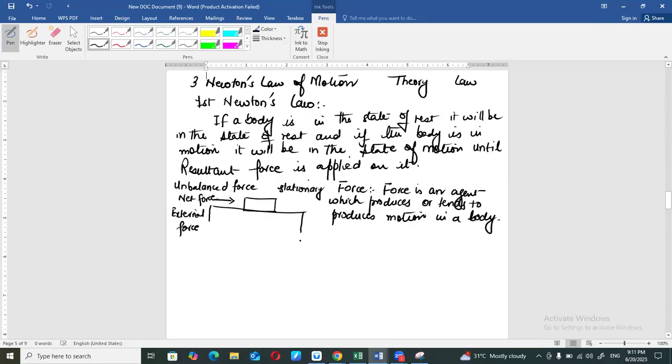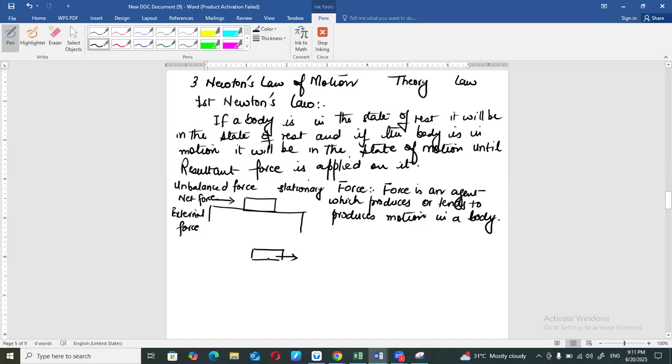But another part is, if a body is in motion, it will be in the state of motion. First of all, remember that on this very earth, you can't see this. The reason is very simple. If a body is in the state of motion, it will stay in motion until a force is applied. On this earth, when a body is moving, like when you throw a ball, it will stop at one point.